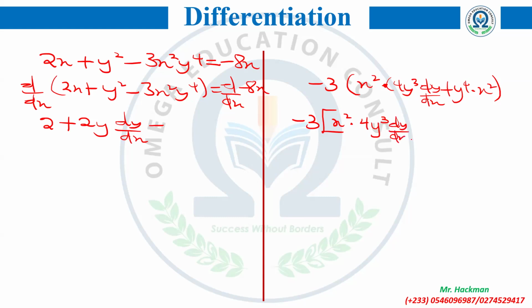Is that clear? This is just about holding the first one and differentiating the second one. So now your second term will be: hold the second factor, which is y to the power 4, and differentiate the first factor, which is x squared. That will give you 2x. Do you agree?